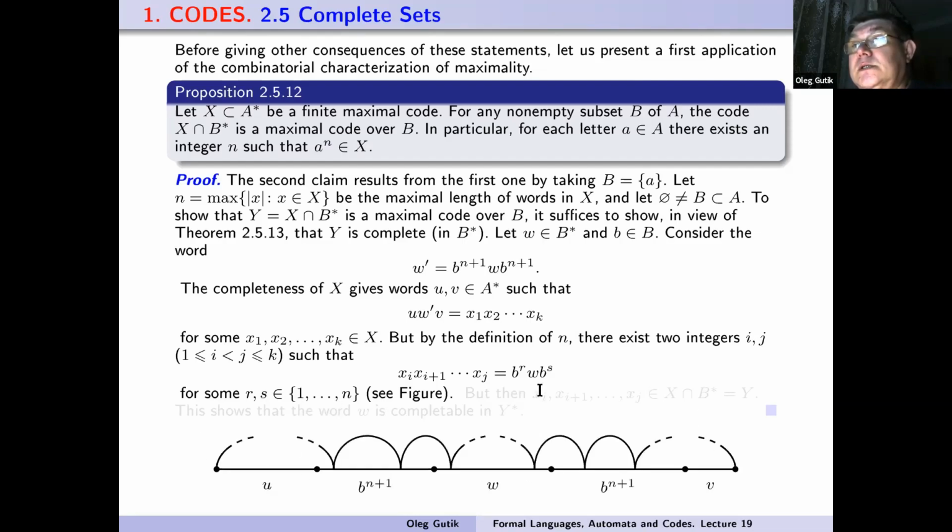This is demonstrated in the following figure. But then we get that x_i plus 1, and so on to x_j belongs to X intersection B star, which is equal to Y. This shows that the word w is a factor of a word in Y star. This completes the proof of the proposition.